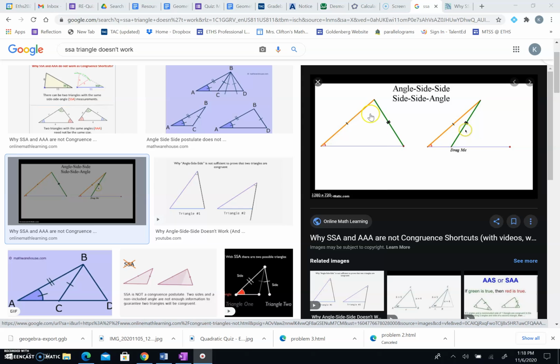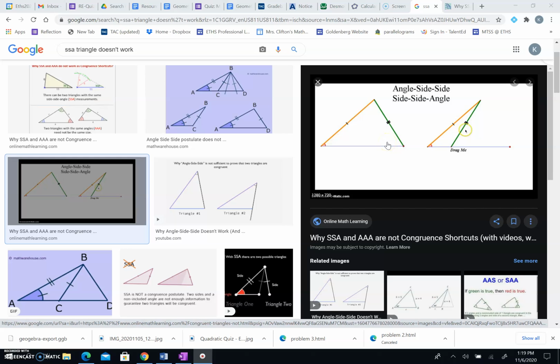Do notice, however, that the angle between the orange and the green side is able to be changed. So if we change it, it looks like there are two possibilities: a little acute angle, or a bigger angle. You have two distinct triangles where you're keeping everything else the same.